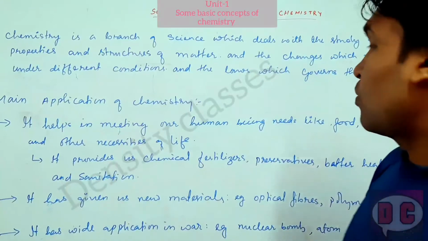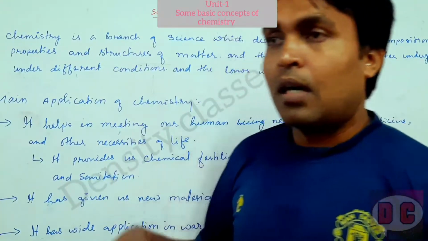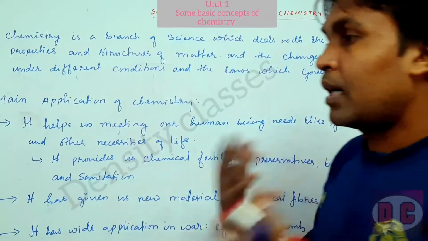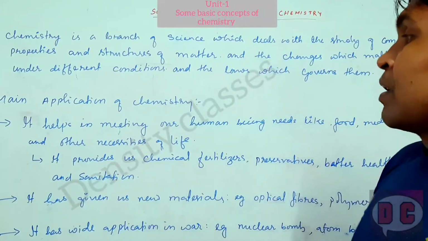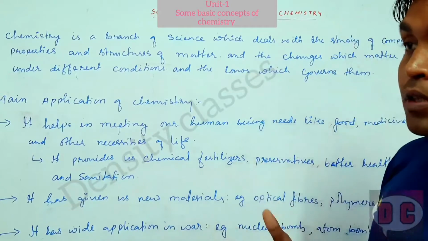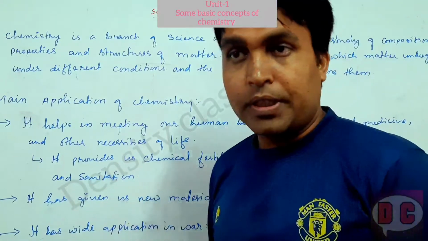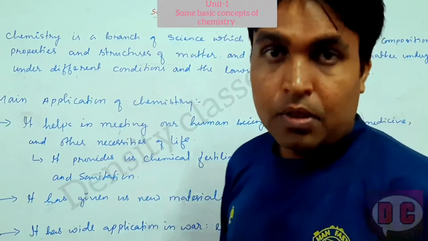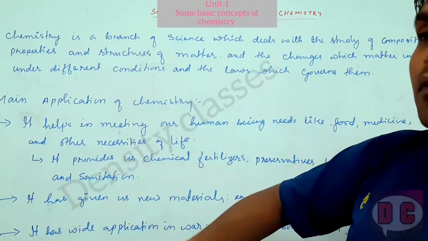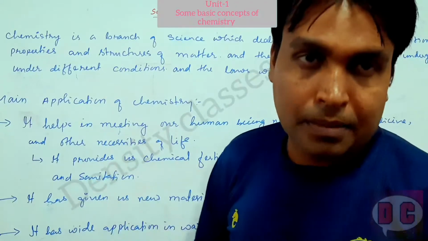Whatever food we get, how do we preserve food? With the help of chemicals. Then the crops we grow, we get good production because of the help of chemistry. For producing good crops we are using chemicals.